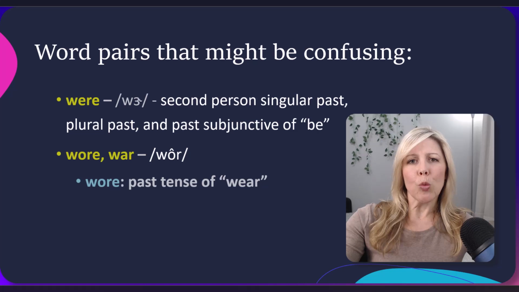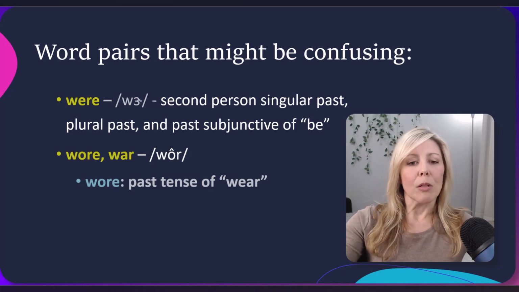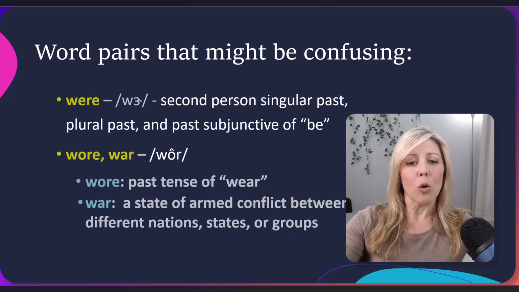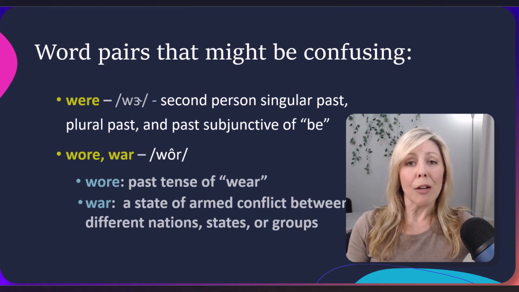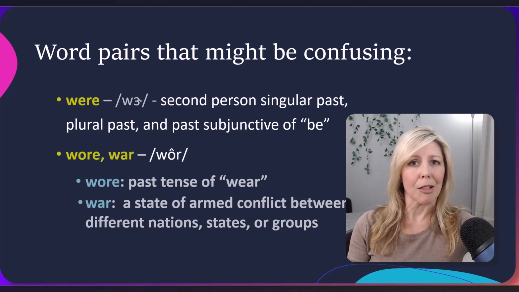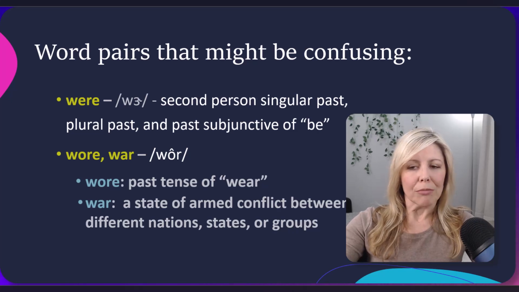Someone says, what did you wear to the meeting? I wore a pair of jeans. Wore. And then war is also pronounced the same way, war, which of course the definition is a state of armed conflict between different nations, states, or groups. Okay, that's the technical definition, war. We had a war in our country.